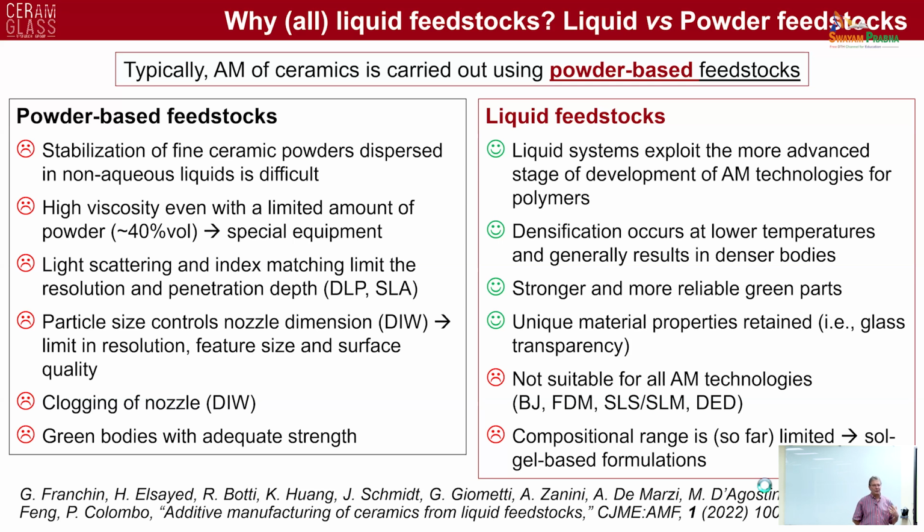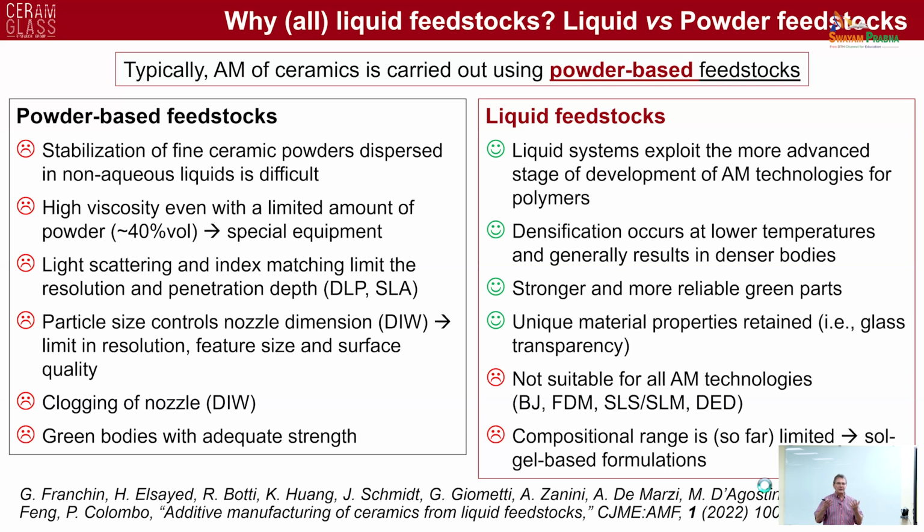For certain types of materials, you can obtain very specific features. For instance, we are working with a company for making glass, and we need transparent glass. And if you try to sinter glass particles to full transparency, that's not possible, because glass particles have a surface composition which is different from the composition inside the particle due to interaction with the environment.